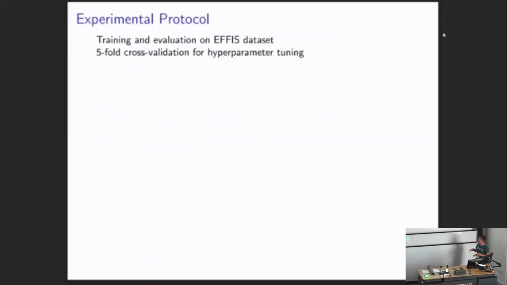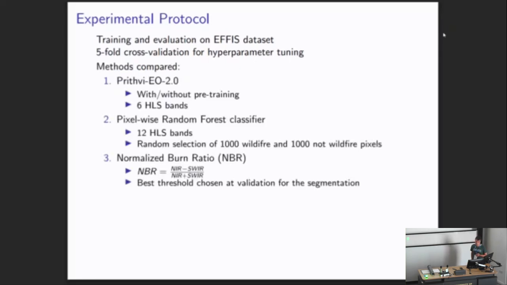So I did quite a classic experimental protocol. I trained everything on the EFIS dataset, used 5-fold cross validation, and compared Prithvi with other methods. I used Prithvi with the pre-training and also with randomly initialized weights, which I call scratch, so not fine-tuned but trained from scratch, using the 6 HLS bands.